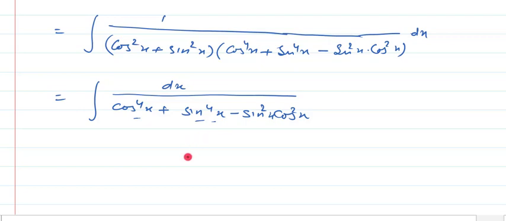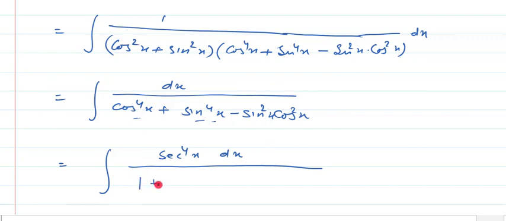in such type of questions we should always try to convert the question in terms of tan and sec, because if we get a combination of tan and sec square, then it is very beneficial for us to apply substitution. So here, to get this combination, we can divide numerator and denominator by cos power 4x. After dividing the numerator by cos power 4x, we are left with sec power 4x dx in the numerator, and in the denominator clearly it is 1, tan power 4x and tan square x, isn't it?